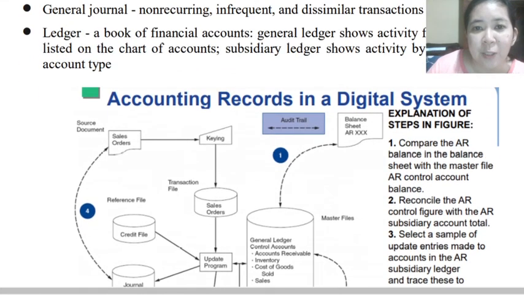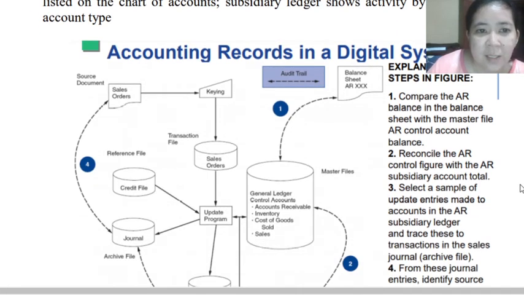So here, under the accounting records in a digital system, the first step is the sales order. This is a form of source document. And then from here, the entity will key or input this source document into the computer.